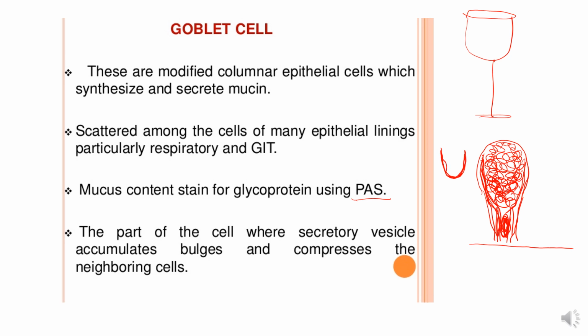So a rim of cytoplasm like this, and the cytoplasm goes down where the nucleus is also lying. It is basically a columnar cell with its apical portion bulging due to the secretory product, that is the mucin present here. So that's why they are known as goblet cells. They are unicellular. They are also known as unicellular glands, and they are abundant in.